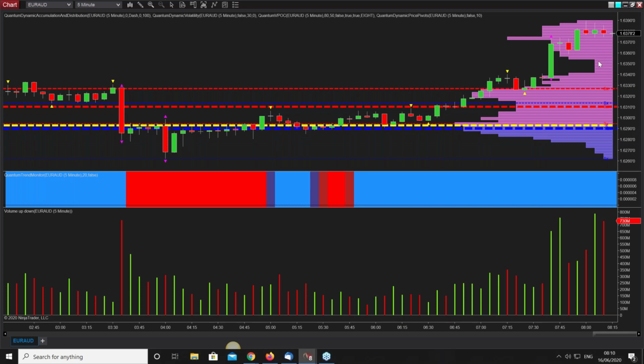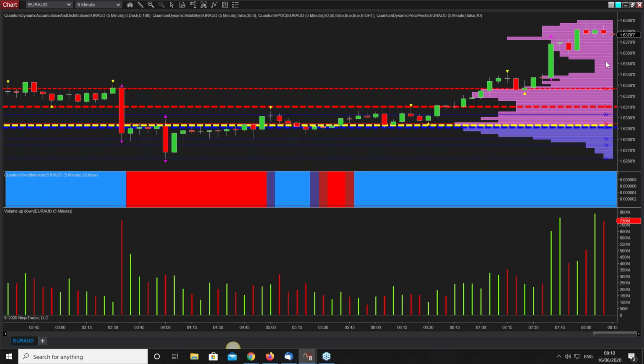And as you can see here, this low volume node, the price sprang through there very quickly. It also sprang through with very good volume. And that is what you expect to see, because as you move into areas of volume-based support and resistance, they work in exactly the same way as price-based support and resistance.